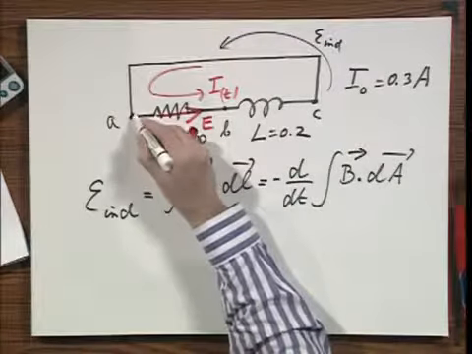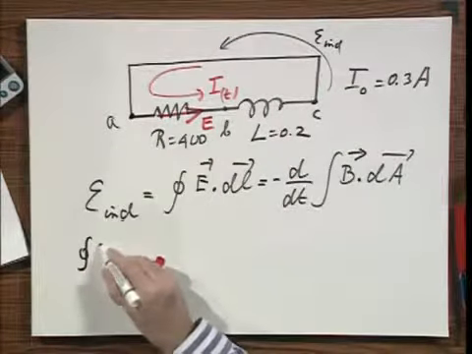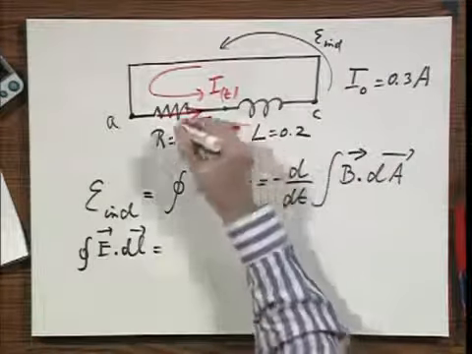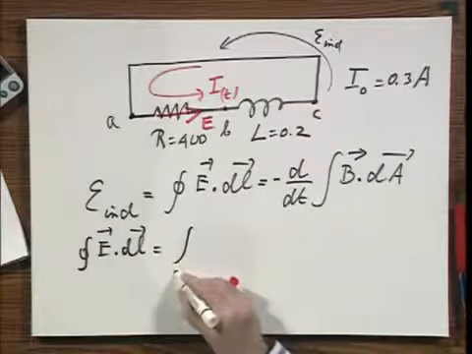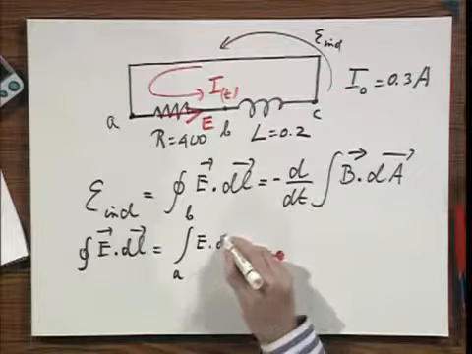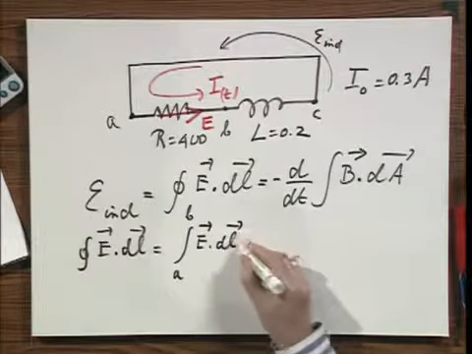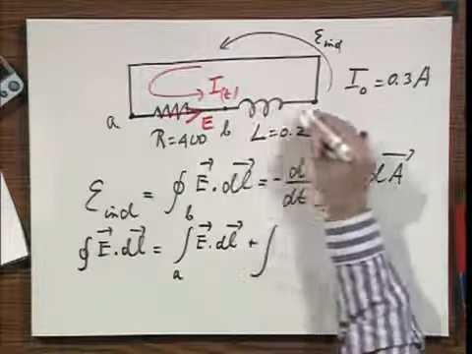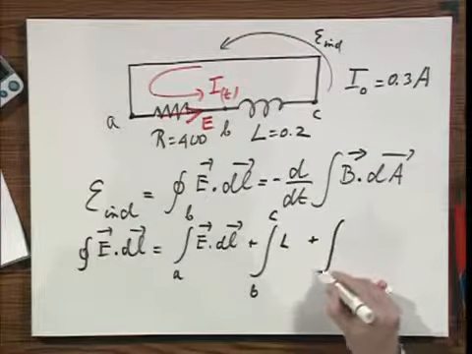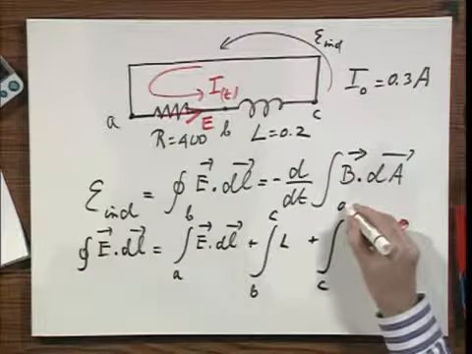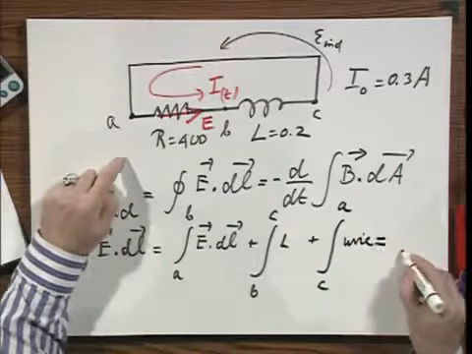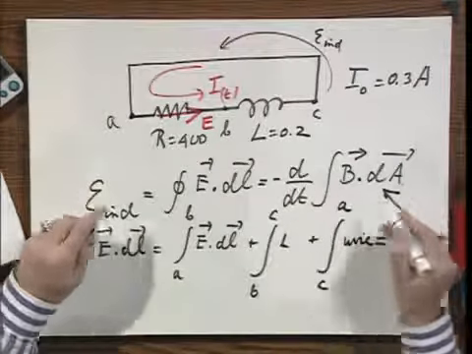I start at point A, closed loop integral of E dot dL, and I'm going to cut it in 3 sections, in going from A to B through the resistor, E dot dL, plus in going from B through C through the self-inductor, I just put an L here, which is my shorthand notation, plus back from C to A through the wire, and that now equals minus d dt B dot dA.